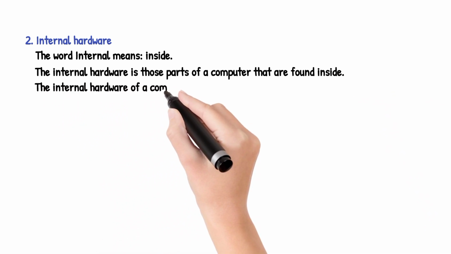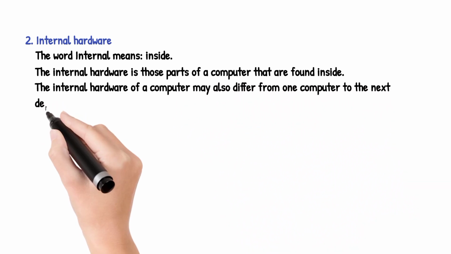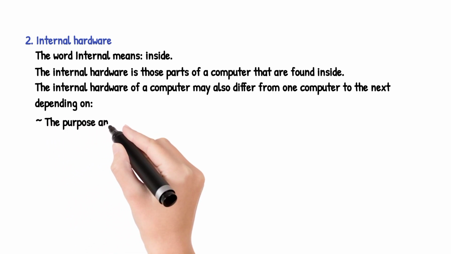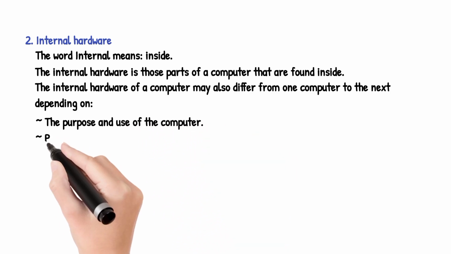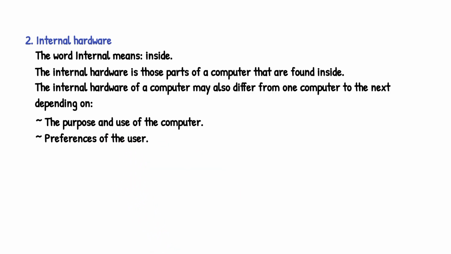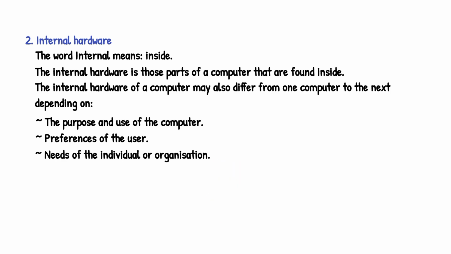The internal hardware of a computer may also differ from one computer to the next depending on the following things. Number one, depending on the purpose and the use of a computer. Number two, depending on the preferences of the user. And number three, depending on the needs of the individual or the organization.